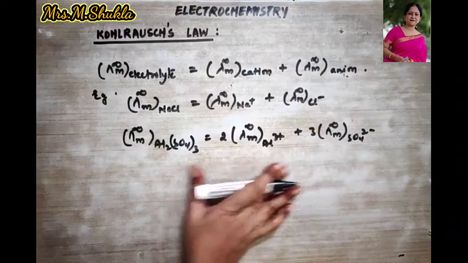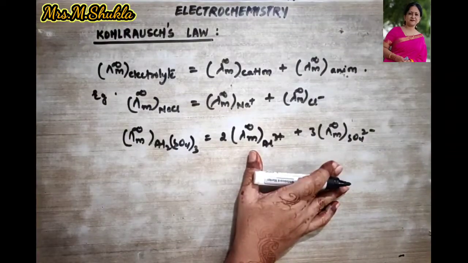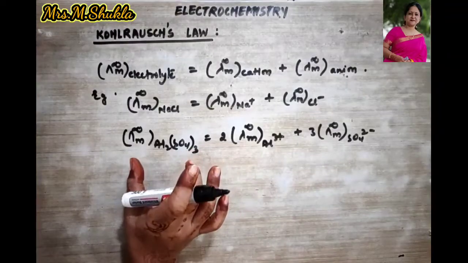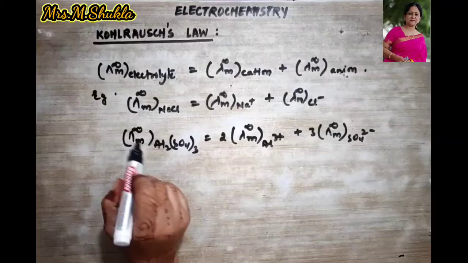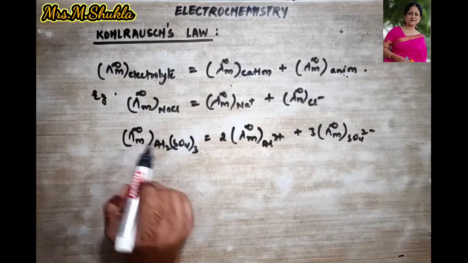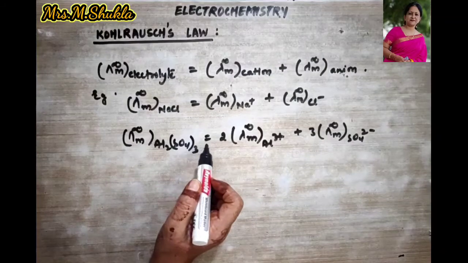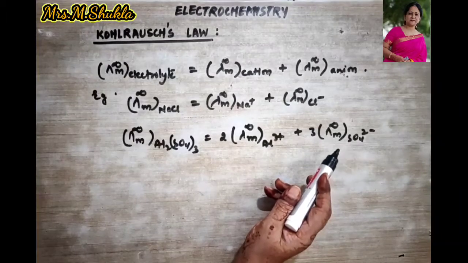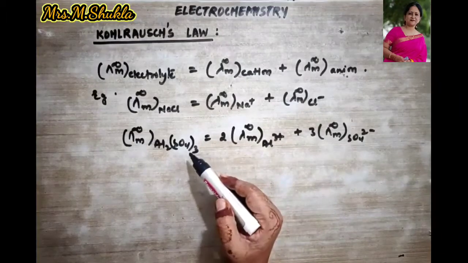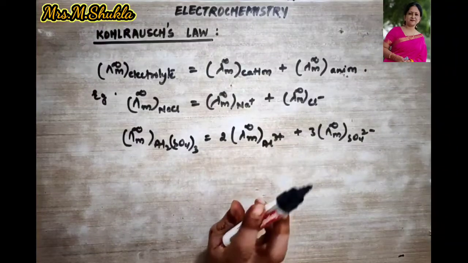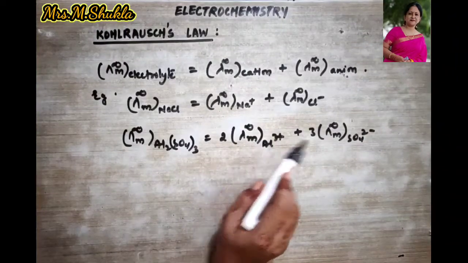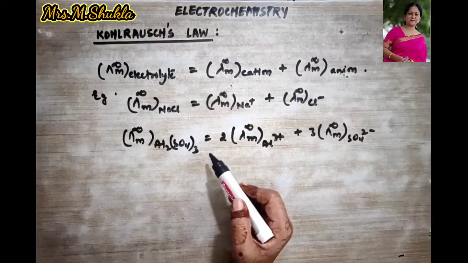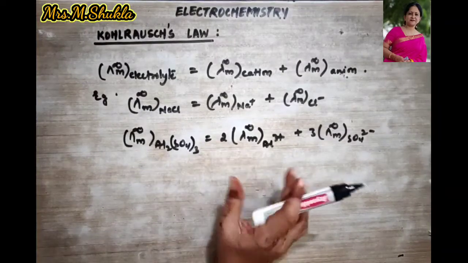Clear? So how can we define Kohlrausch's law? It means the molar conductivity of an electrolyte at infinite dilution is always equal to the sum of the ionizable cations and ionizable anions present in the electrolyte, and each conductance is multiplied by the number of formula units present in the electrolyte. Clear?